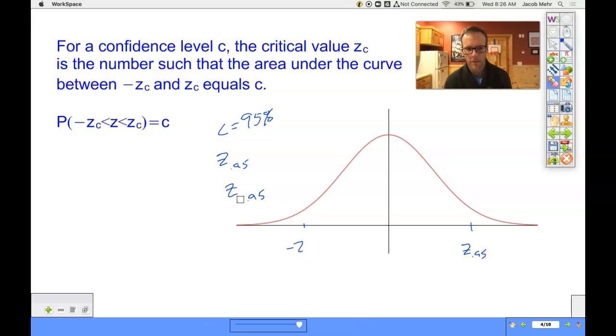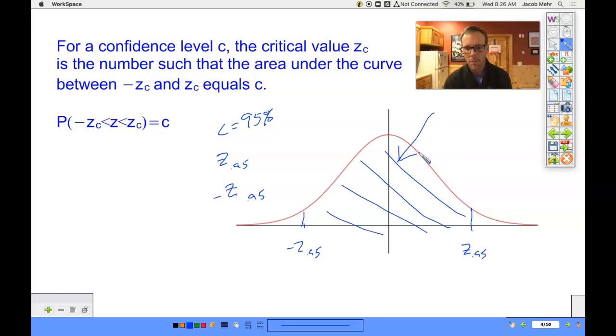Oops, I put my negative in the wrong spot there. There we go, in front of the z. We are finding the z-scores that we end up with 95% of the area under the curve between those two z-scores.